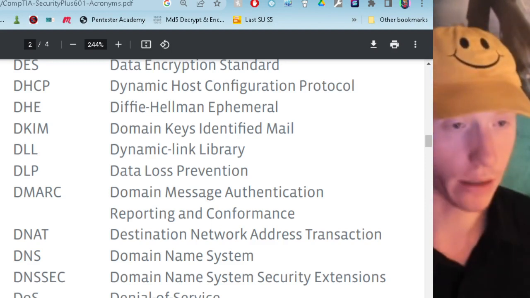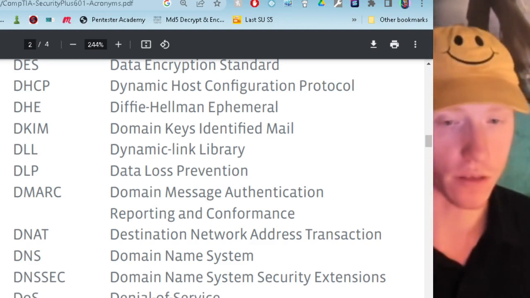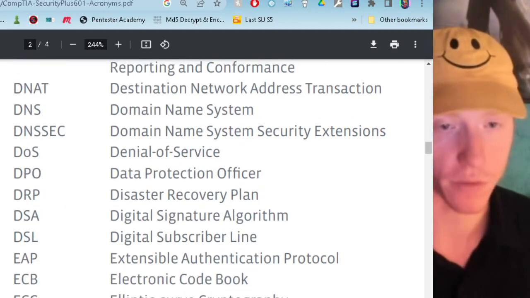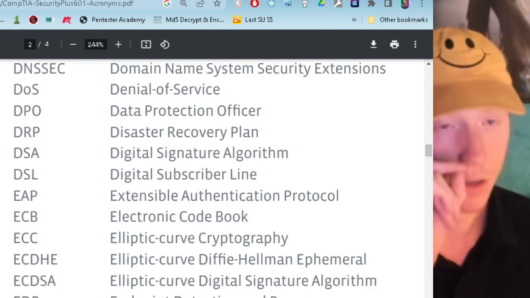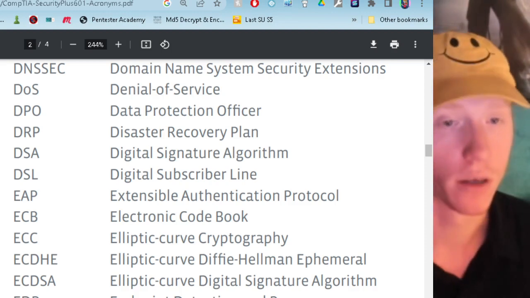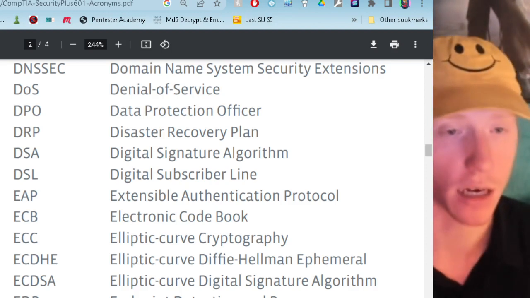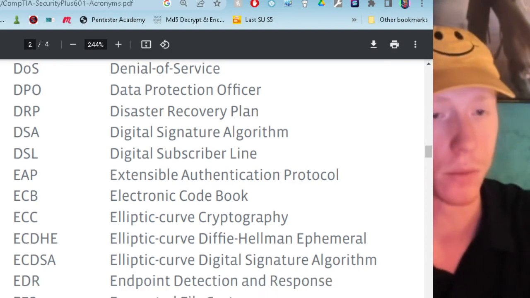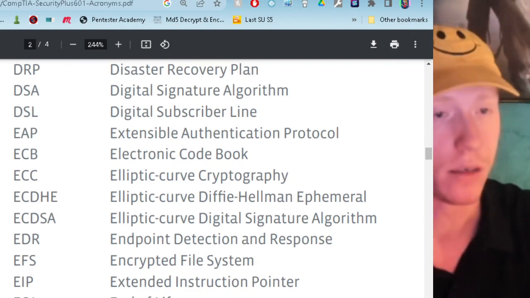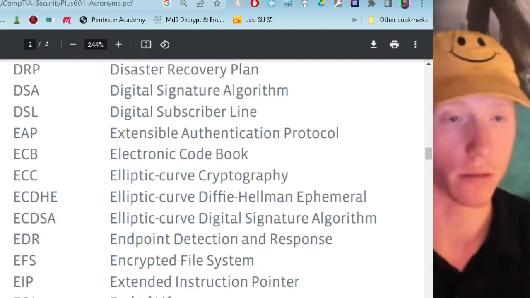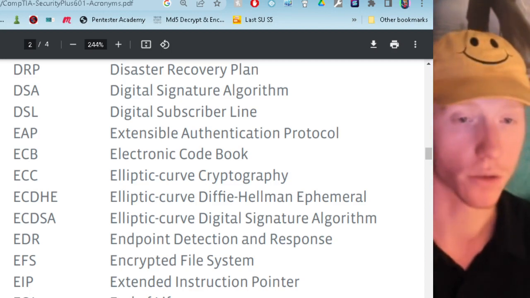DNS, Domain Name System. DNSSEC, Domain Name System Security Extensions. DoS, Denial of Service. DPO, Data Protection Officer. DRP, Disaster Recovery Plan. DSA, Digital Signature Algorithm. DSL, Digital Subscriber Line.